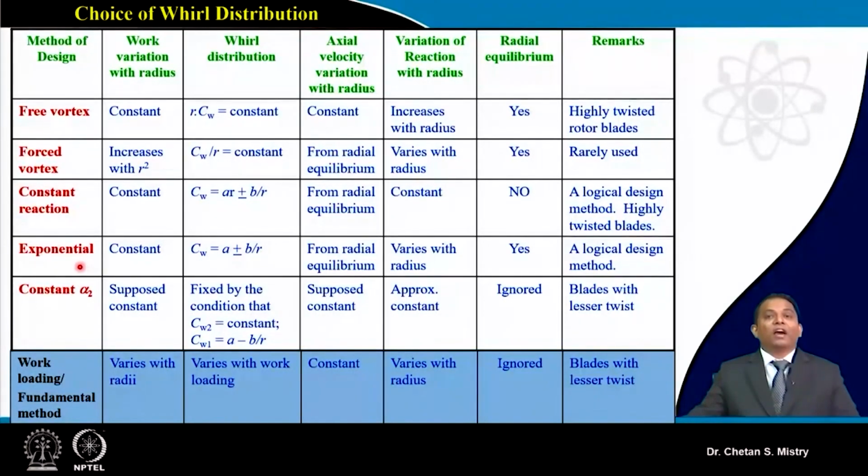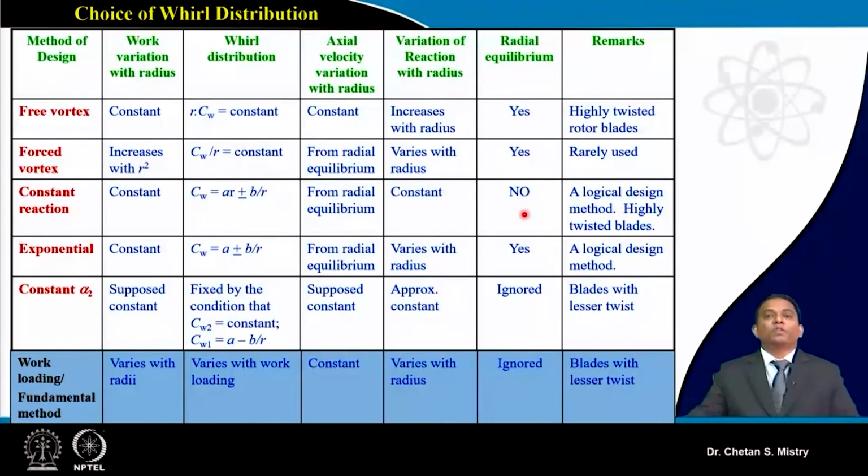Then we have our exponential design method. The work variation is constant, and the whirl velocity distribution is based on the selection of an arbitrary whirl distribution. We can calculate the axial velocity based on the radial equilibrium equation, and the degree of reaction varies along the span, with radius from hub to shroud, and this satisfies the radial equilibrium equation.